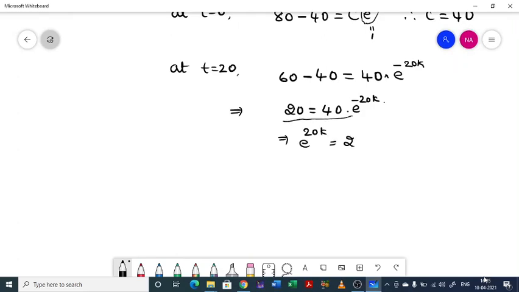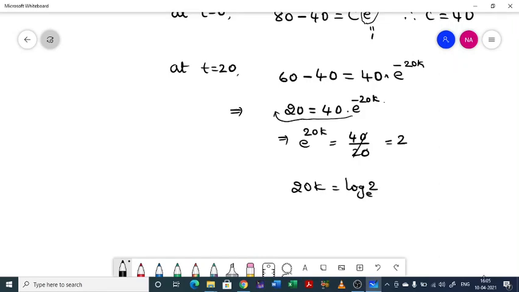So e power 20k equal to 40 divided by 20, that is 2, you get. So taking log on both sides, 20k will be log 2, to the base e.